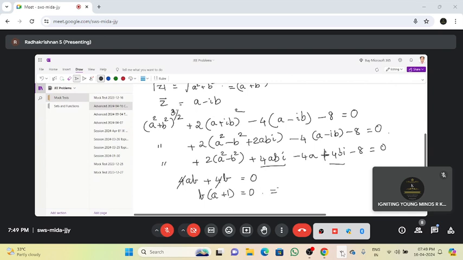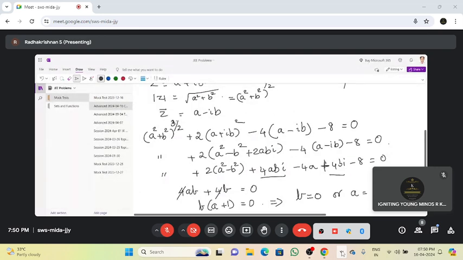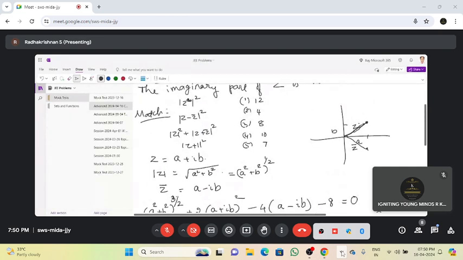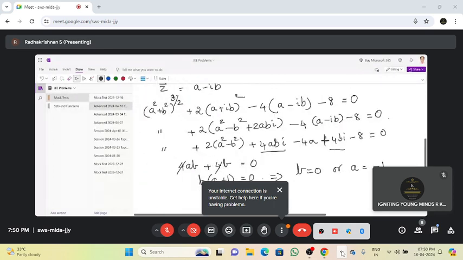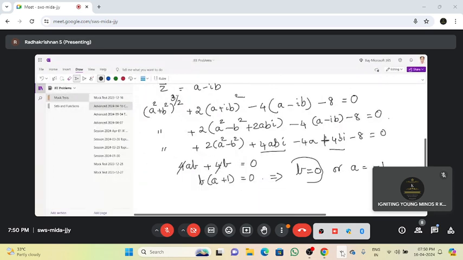So that means either B equal to 0 or A equal to minus 1. So what is given in the problem? The number Z has a complex component; the imaginary part of Z is non-zero. That means B is not zero, so this condition does not apply.